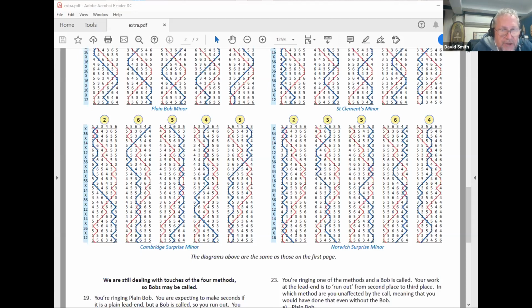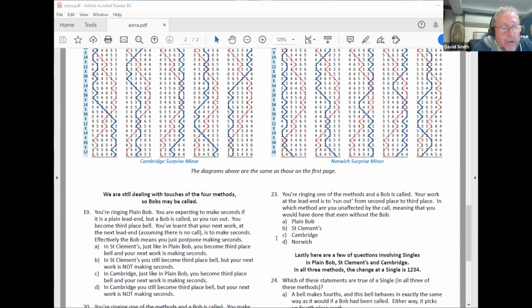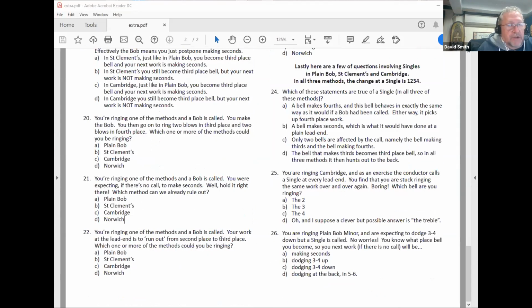So it would be the 3 there that would make the bob by staying in thirds place, in fourth place, and the bells on either side would swap. So these bells would swap, which they would have done anyway. So I still do go from 2 to 3, but as we were told quite correctly, the difference is I'd have gone from 2 to 3 anyway. But which methods might I run out from seconds place to third place at a bob? All of them. These 3, because of the bob, this one I would have done it anyway.